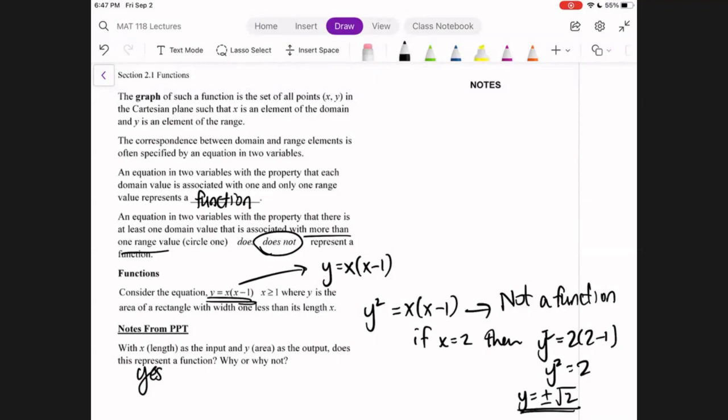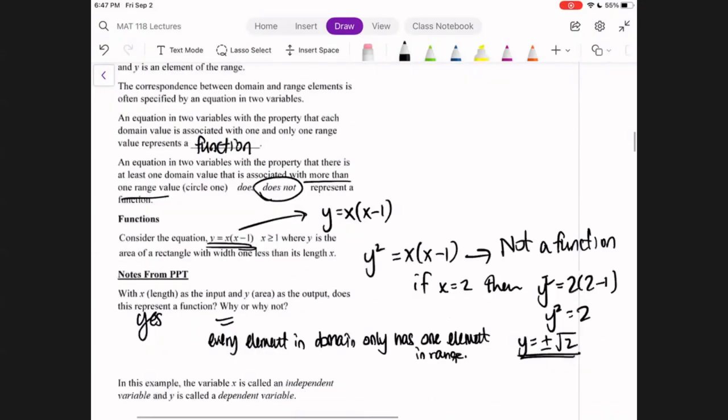If it's an even power, it would not be. So why is it a function? Every element in the domain has only one element in the range. Or you could say it's because your y variable is raised to the first power.